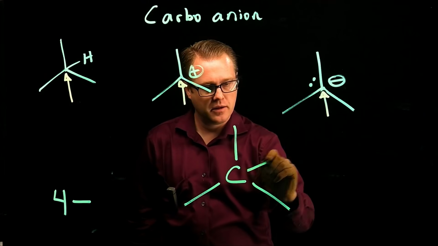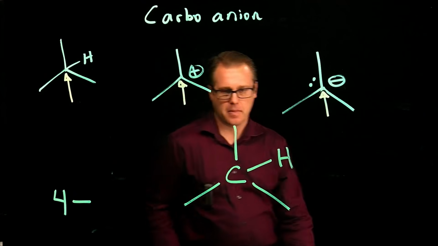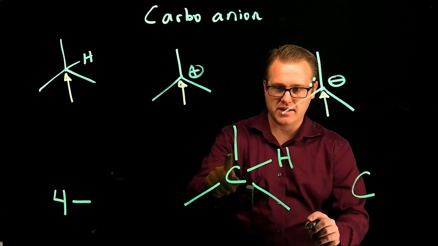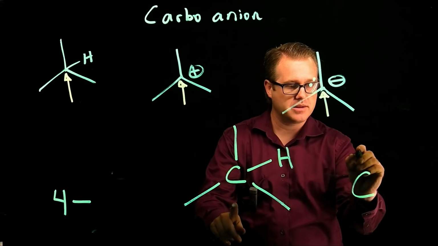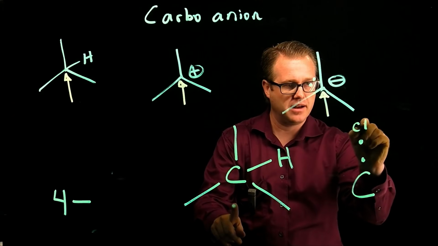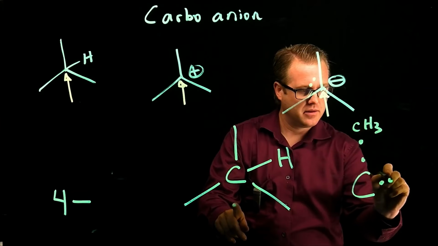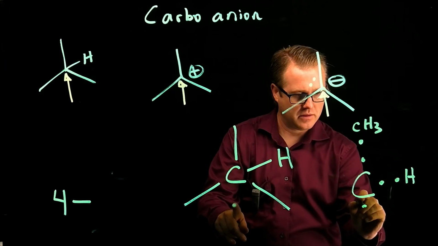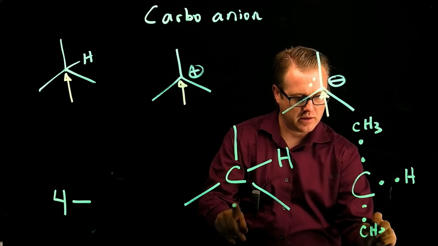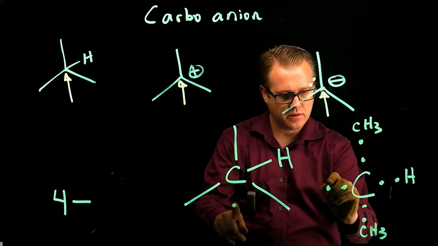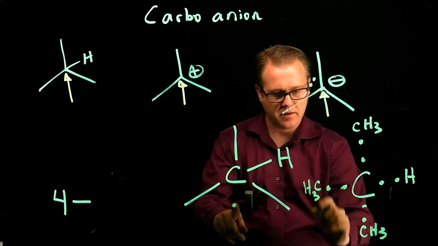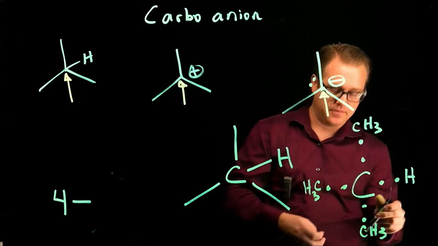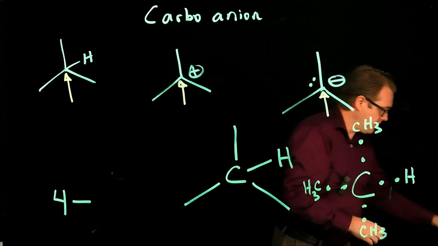Now, if I take a look at this central carbon, these sigma bonds or covalent bonds, they just are representing it like this, right? So this molecule right here is this molecule.